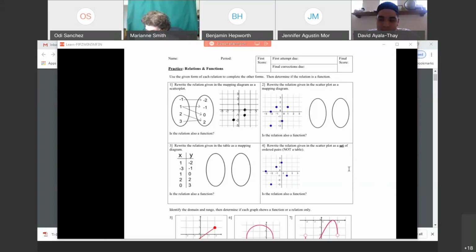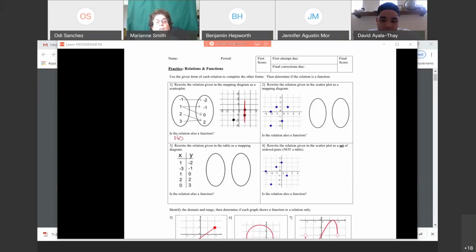Because you can see it fails the vertical line test. See that right there? What that means is sometimes the input 1 will give you -1, and sometimes it gives you a 0. Okay? And basically, that makes it pretty useless for prediction. All right? So it's not a function.